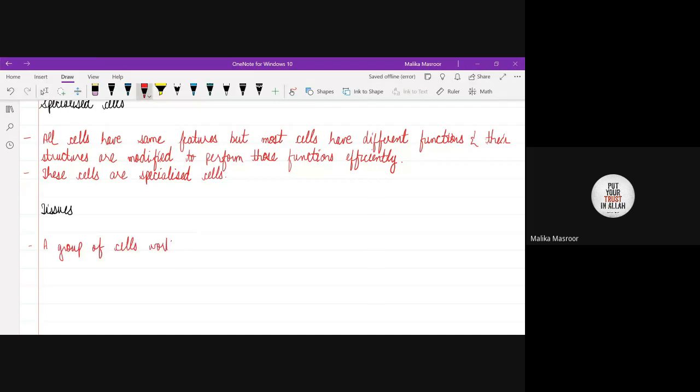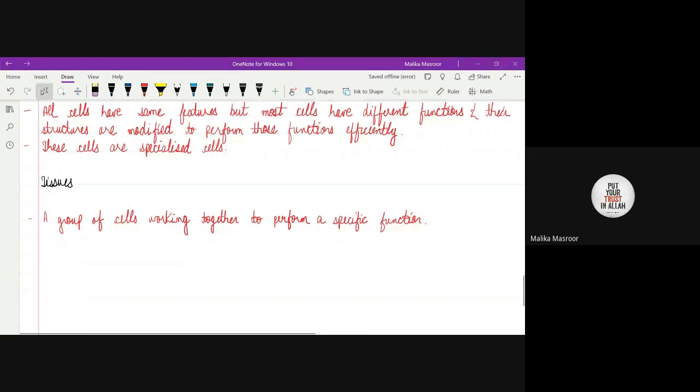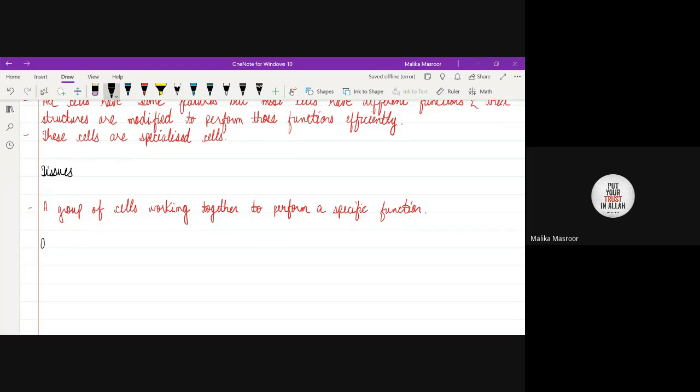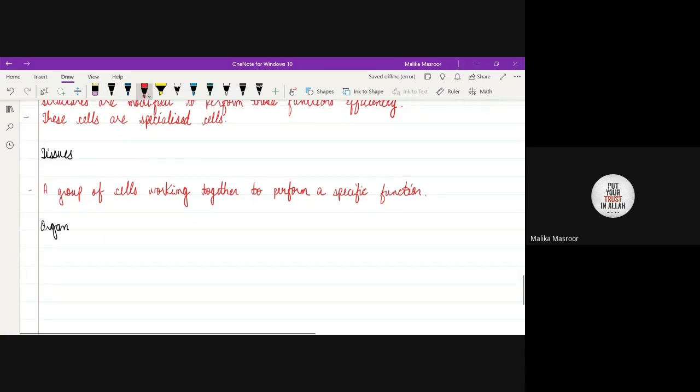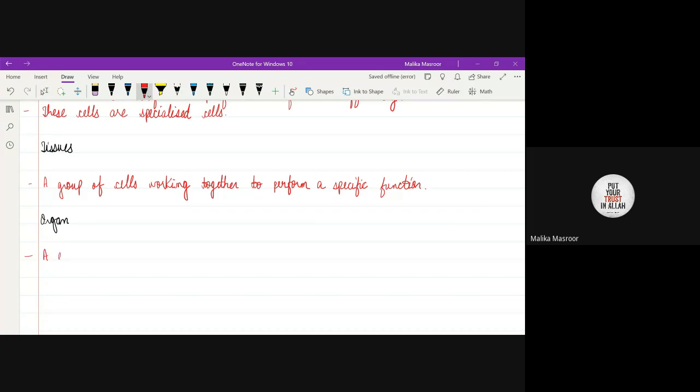Then a group of tissues makes up organs: a group of tissues that works together to perform a function together.